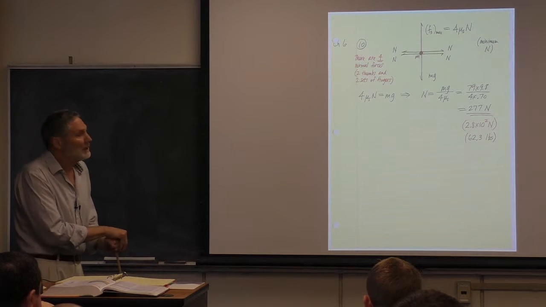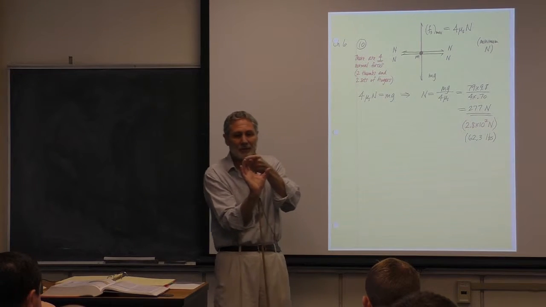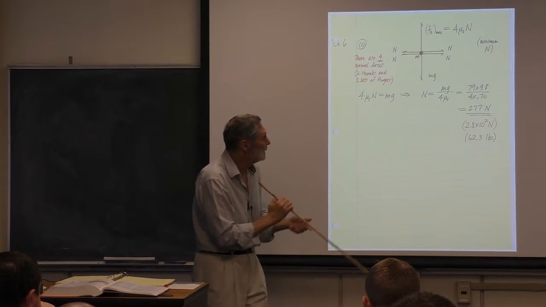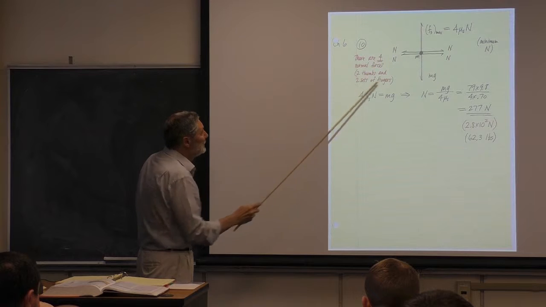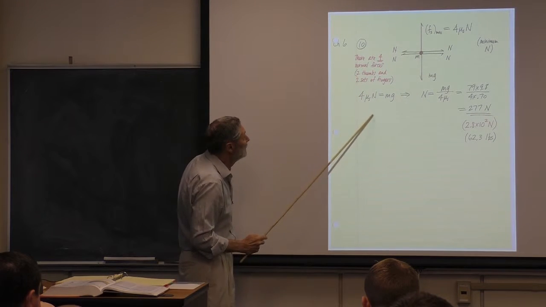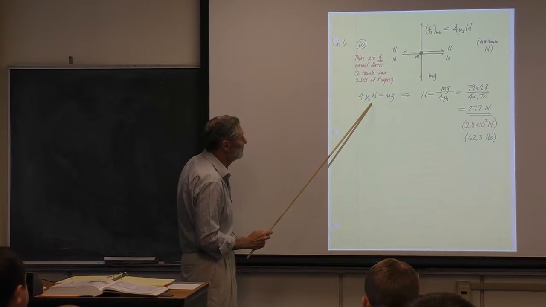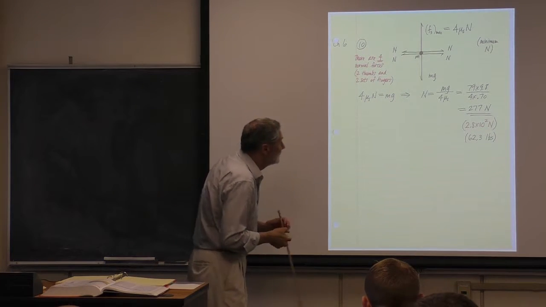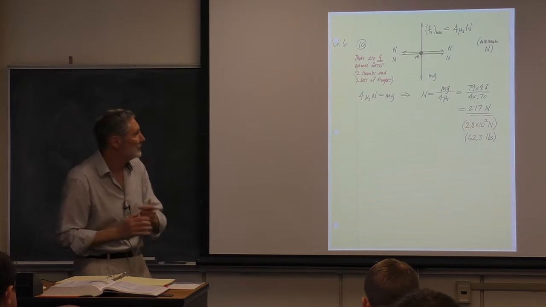So this is the minimum force that the person has to exert by the thumb or the fingers or either hand. So our force diagram gives us this. There's no acceleration. And we're maxed out on the frictional force here. And that tells us what force the person needs to apply by the thumb or the fingers.